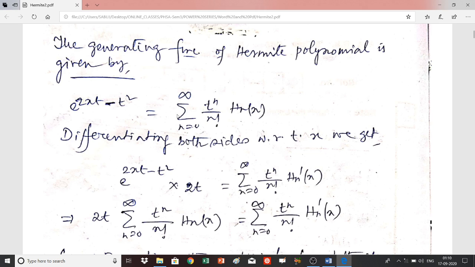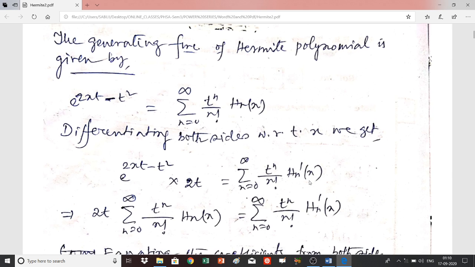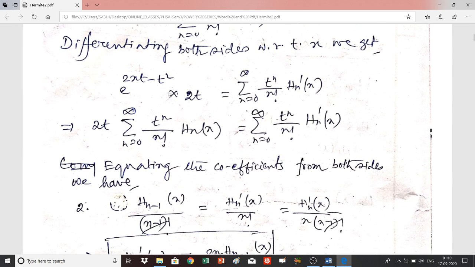First we differentiate e to the power 2xt minus t square, and the differentiation of 2xt minus t square will give you 2t, that is equal to the sum of t to the power n by n factorial Hn prime(x). Since e to the 2xt minus t square is the generating function, we can write this term as the sum of t to the power n by n factorial Hn(x), multiplied by 2t, and that is equal to this term.